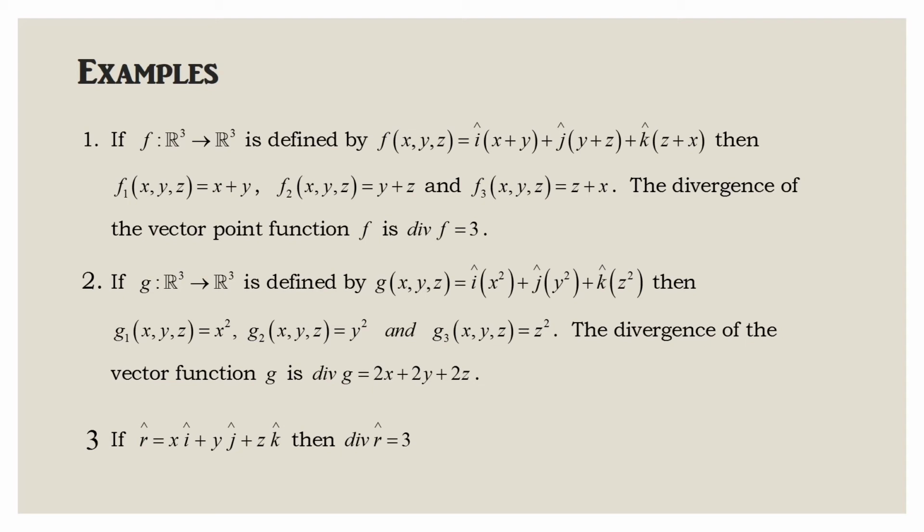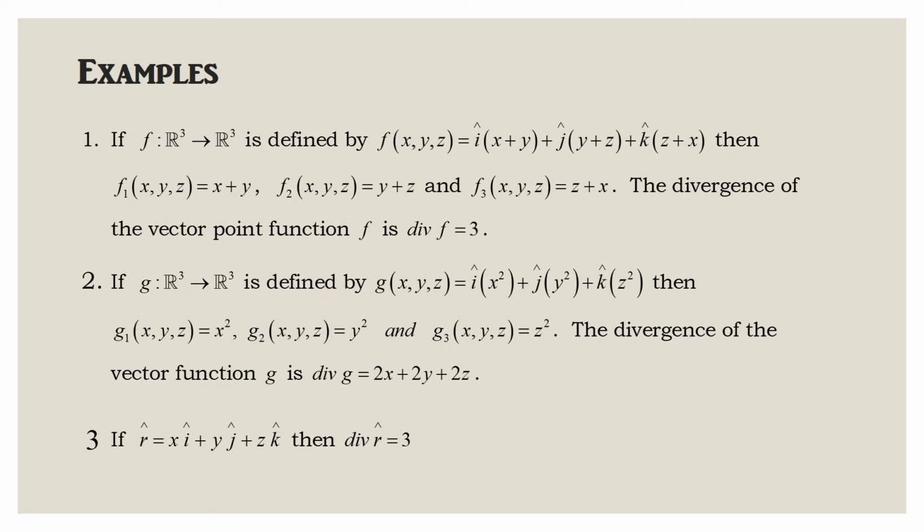For this vector field, the component functions are g1 of x, y, z equals x square, which is the coefficient of i cap, g2 of x, y, z equals y square, which is the coefficient of j cap, g3 of x, y, z equals z square, which is the coefficient of k cap.